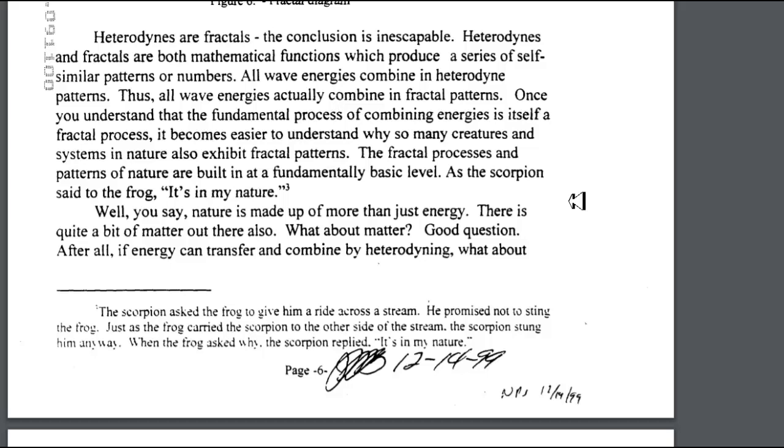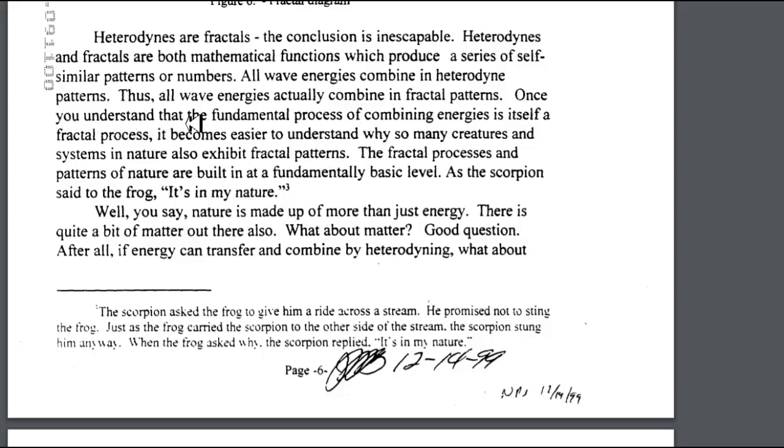So then he goes on to say the following: heterodynes are fractals. The conclusion is inescapable. Heterodynes and fractals are both mathematical functions which produce a series of self-similar patterns or numbers. All wave energies combine in heterodyne patterns. Thus, all wave energies actually combine in fractal patterns.